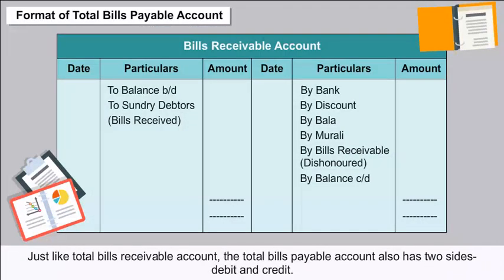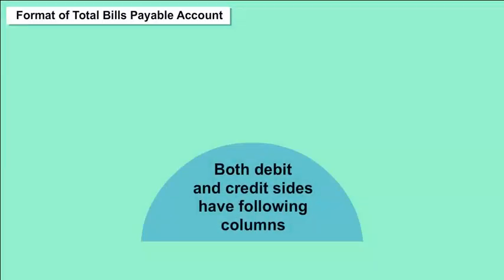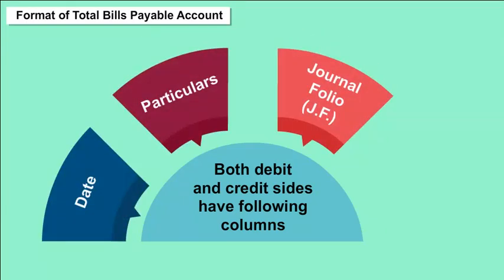Just like the total bills receivable account, the total bills payable account also has two sides, debit and credit. Both debit and credit sides have the following columns: date, particulars, journal folio, JF, amount.